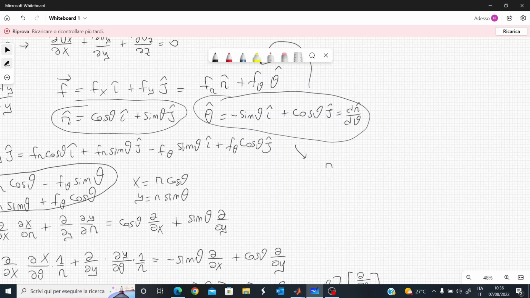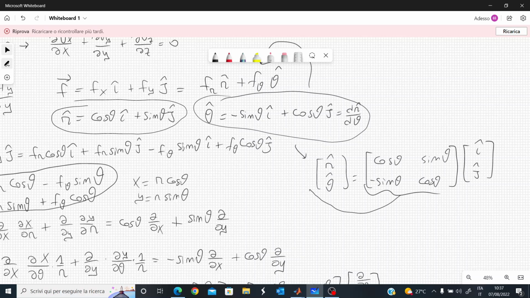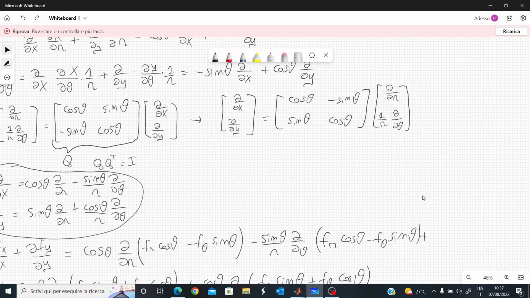From here, you find that the vector (r, theta) is equal to the matrix cosine theta, sine theta, minus sine theta, cosine theta, applied to (i, j). So you simply have to take the transpose of this matrix and put it here. The transpose is equal to the inverse because this is an orthonormal matrix. So let me write it below.